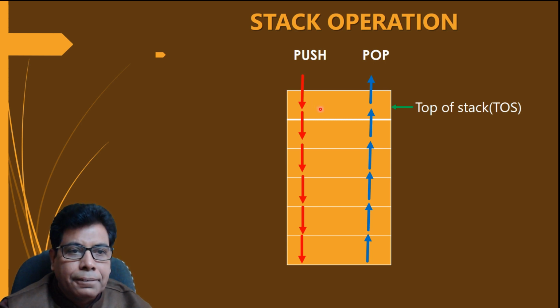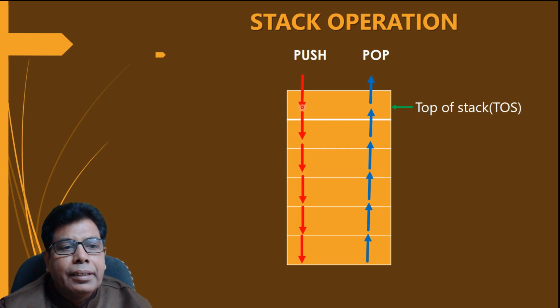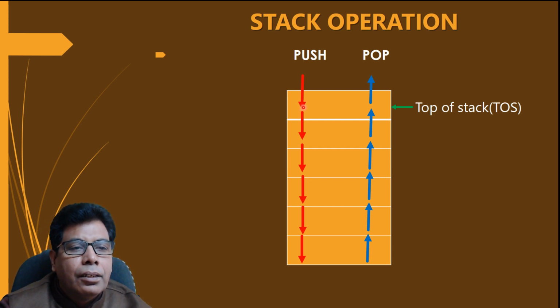When we write, we call it the push operation. So pushing will be done this way. Once we push one element, it will be here on the top of the stack. Now if you push another element, this element will be shifted here, and the new element will be on the top of the stack. In this way, the pushing operation will push the elements toward the bottom of the stack.